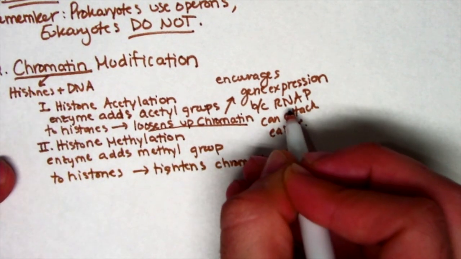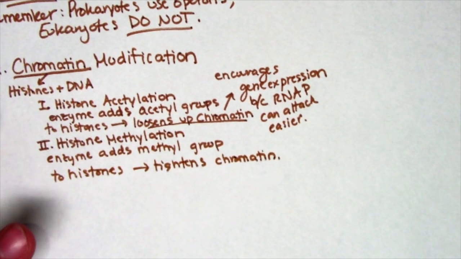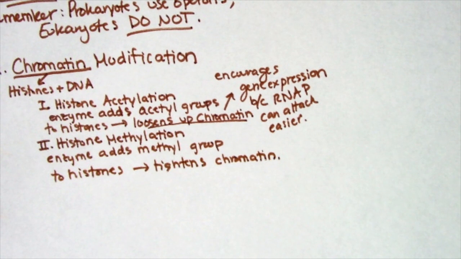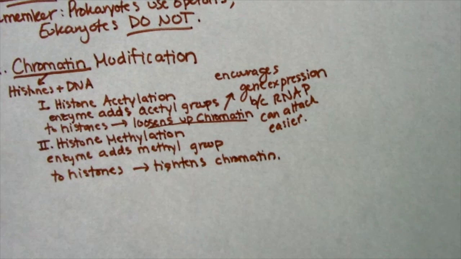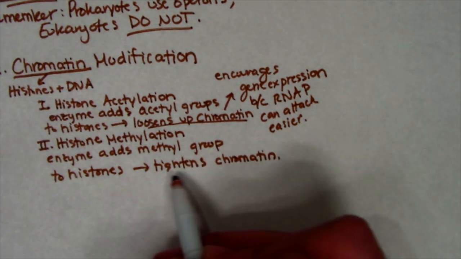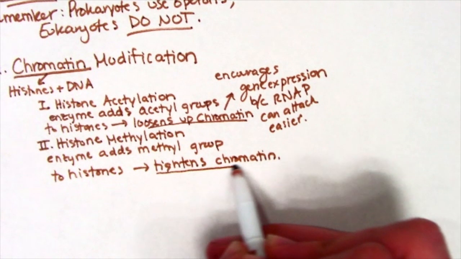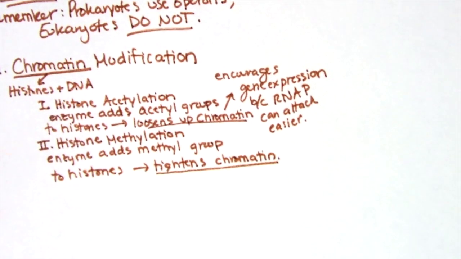I'm not going to write that again, but we can all see that if we tighten the chromatin, it's going to discourage gene expression because RNA polymerase can't attach as easily.